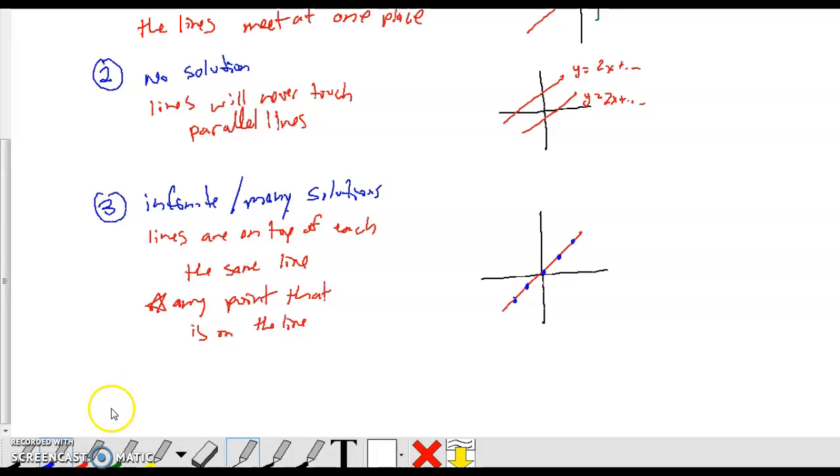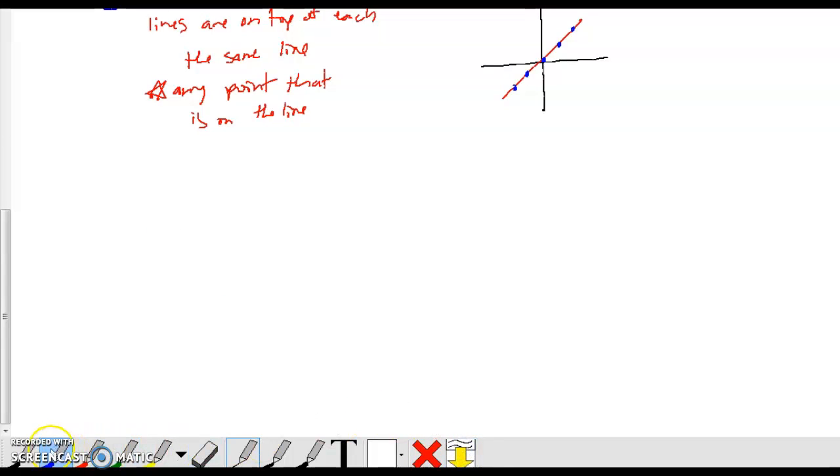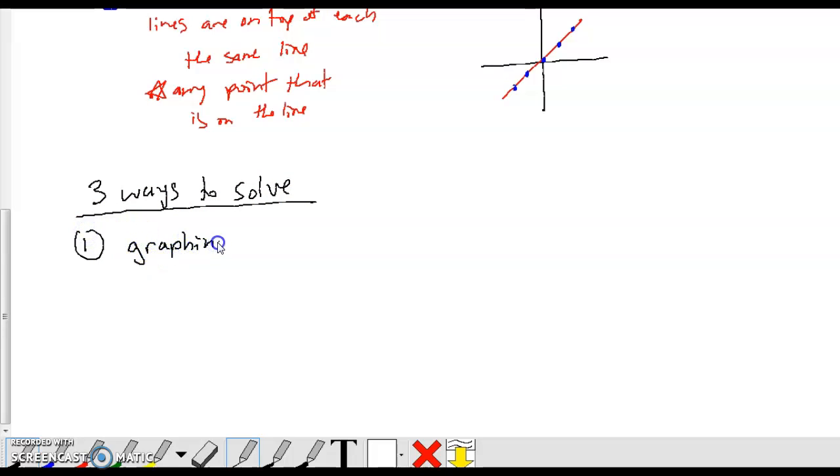okay? So now that we have three types of solutions, we want to figure out some ways that we can solve this. So our three ways that we're going to solve. One is by graphing. This is sometimes not the best way, especially if you don't have integers. And then two is known as substitution.